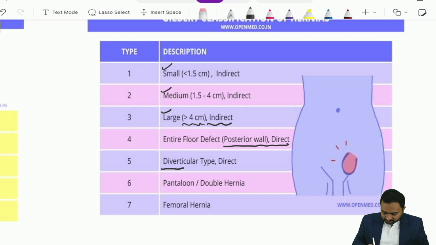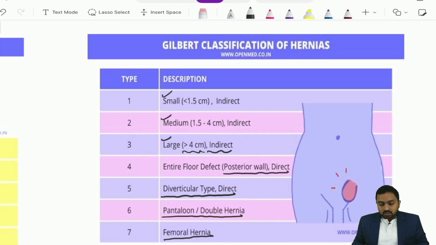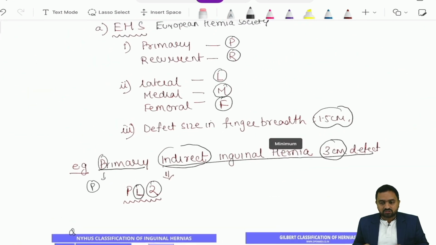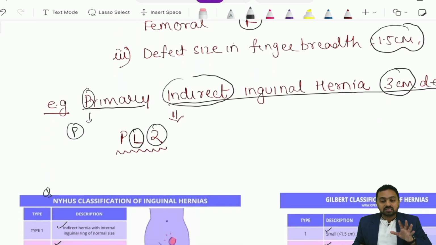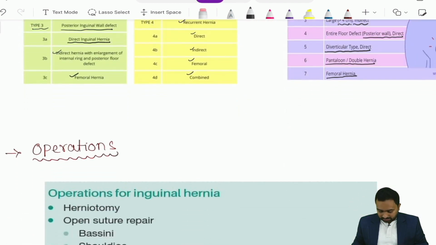Then you have 5, which is diverticular type and direct. Then type 6 is your pantaloon or double hernia, and type 7 is your femoral hernia. So, the current classification that we use is your EHS classification. So, please do remember your EHS classification and remember the names of the classification, at least for this inguinal hernia, which is your NIHS classification and your Gilbert classification.